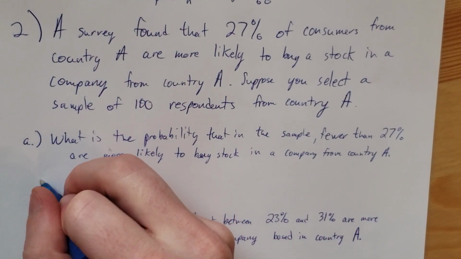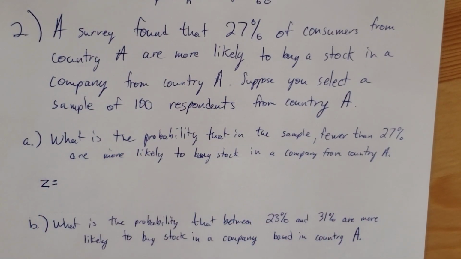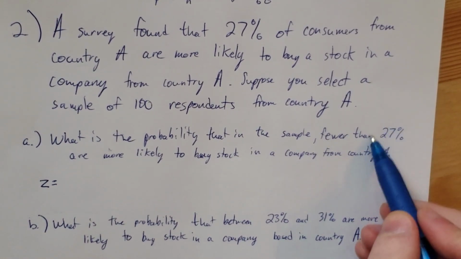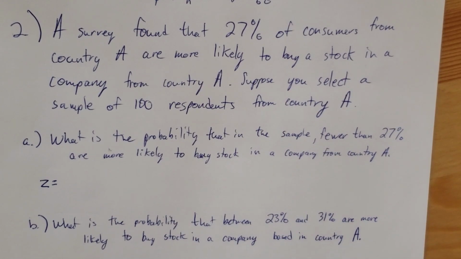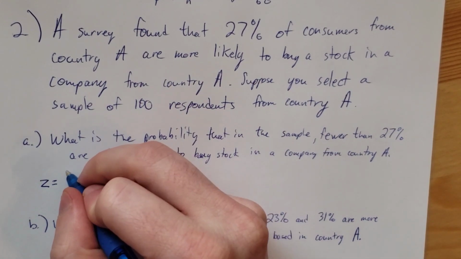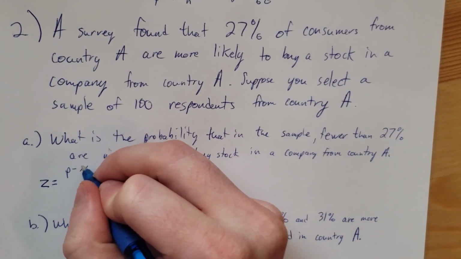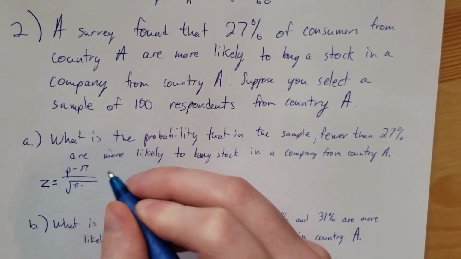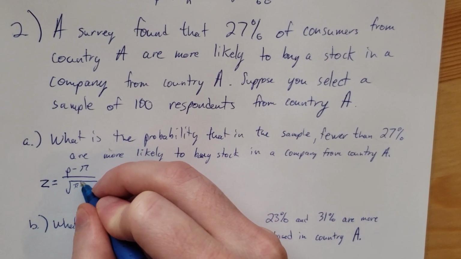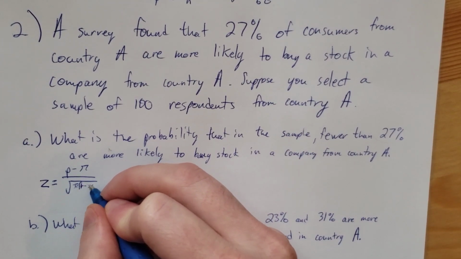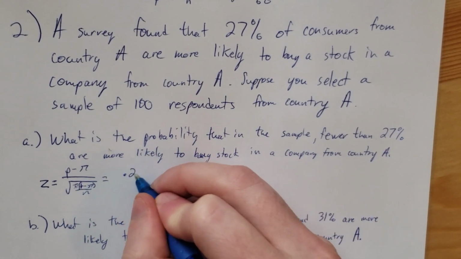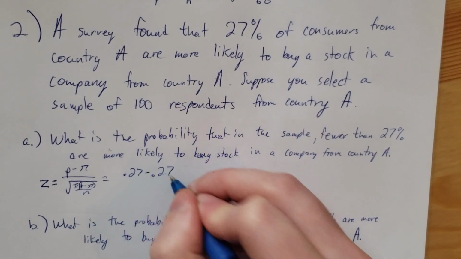So, to do that, we calculate the z-score of this value. This is our formula for that. Times 1 minus pi all over n. All right, well, this is 0.27 minus 0.27.